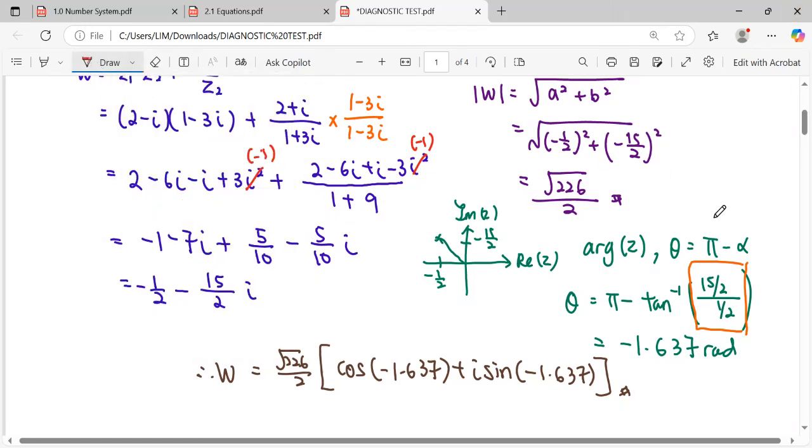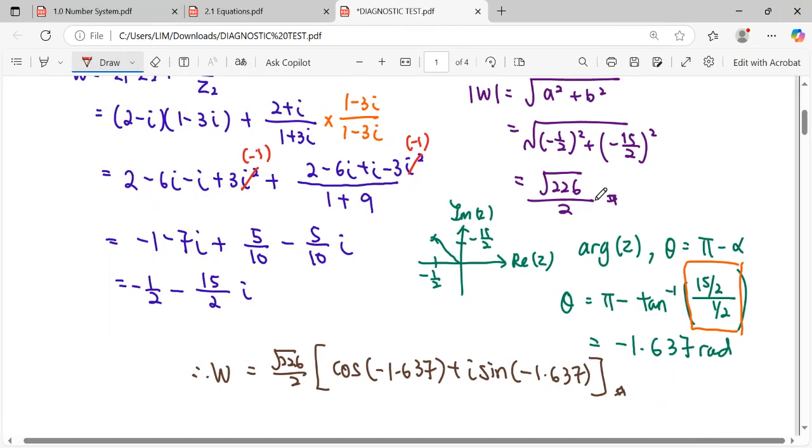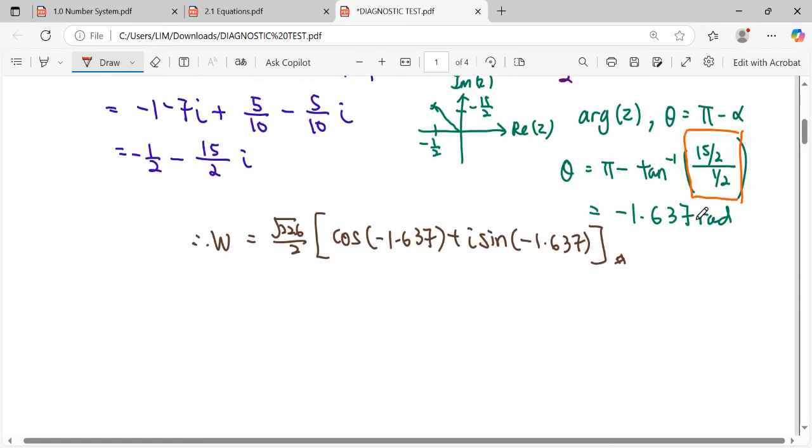Okay, so this is our working, and then we want to highlight here. Normally I can see students will be writing like this. I understand that you try to make it positive, but our idea is that the inverse tangent value is a non-negative value.